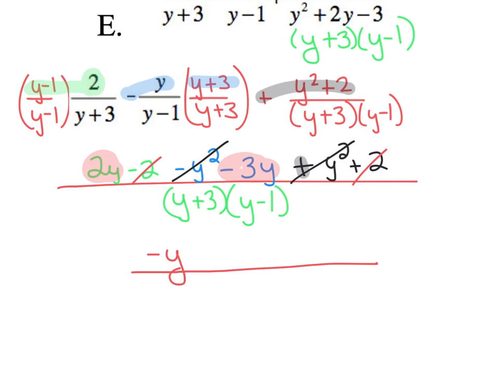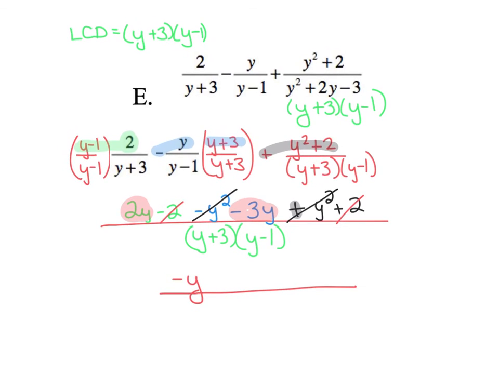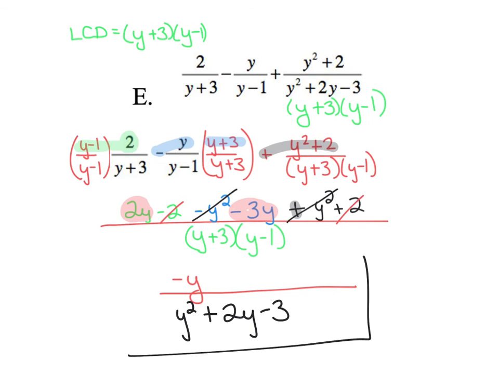So all of this becomes just negative y in the numerator, and my denominator is y plus 3 times y minus 1, and I already knew that this multiplied together was y squared plus 2y minus 3, so I'm just going to recopy that and save me some thinking. Here is my simplified expression. It's time for you to practice.